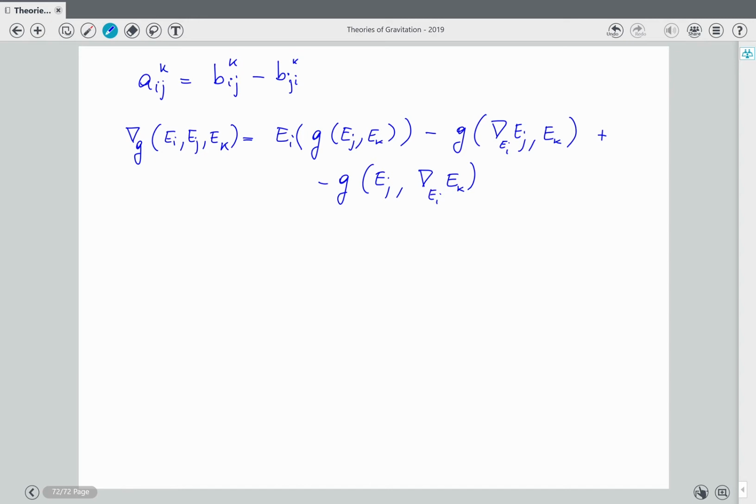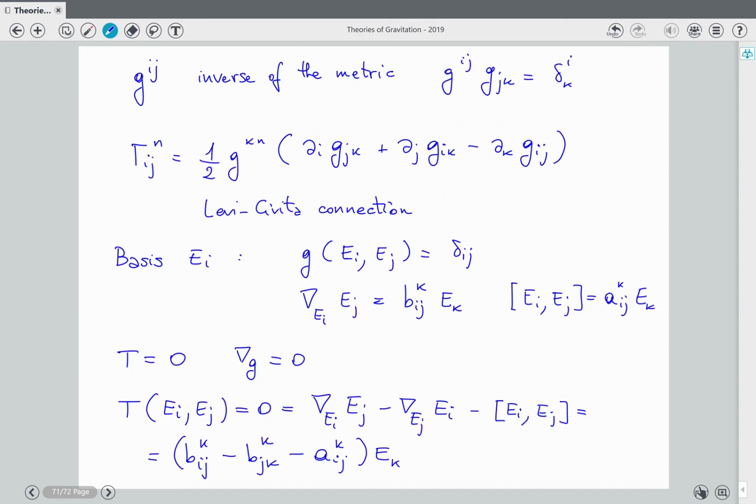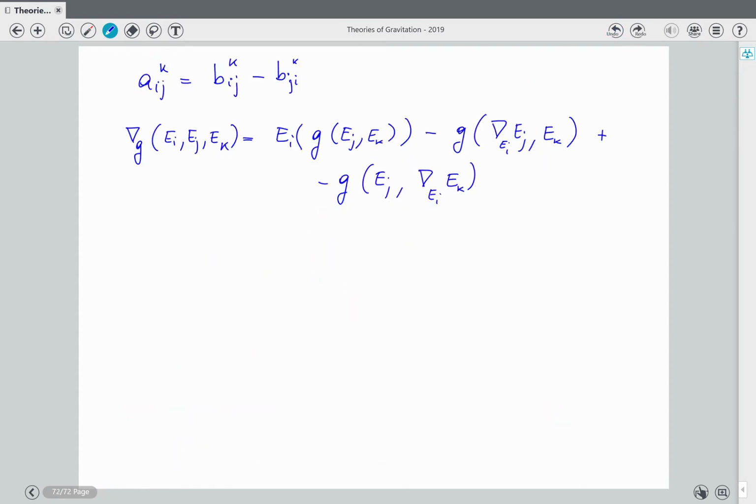So g on the elements of the basis, which means the metric contracted on the e_i, e_j, e_k, is by construction delta jk. So the first contribution is 0 because it's a derivation on a constant.